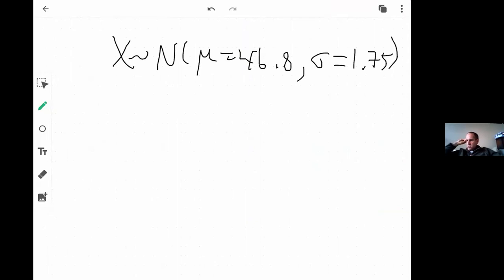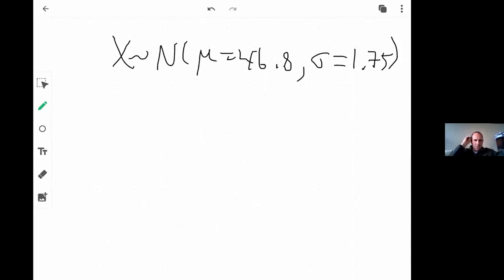They wanted to know the probability that the speed is at least... Sorry, guys, just checking to make sure I have the problem down right.